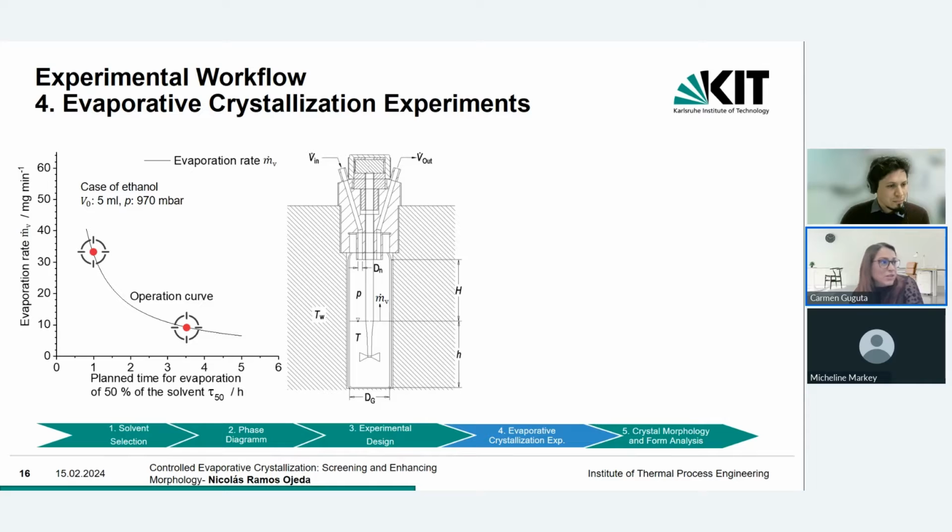With the Crystalline, you can do controlled evaporation if you connect it to a vacuum pump, but not with the Crystal16, and also because there are no caps. You also need specific caps to be developed for it. You never know, maybe in the future, an idea for our colleagues from technology development.